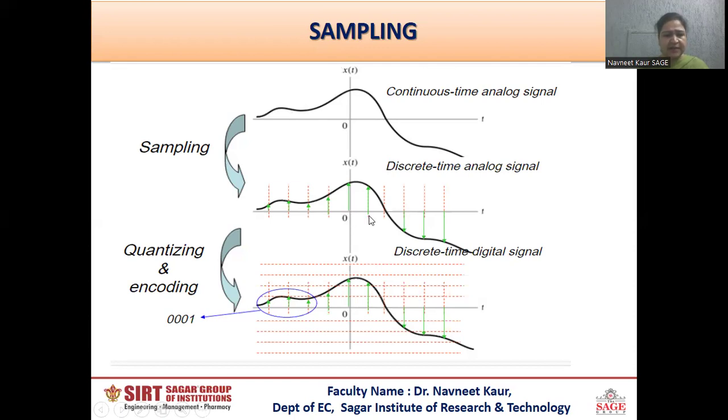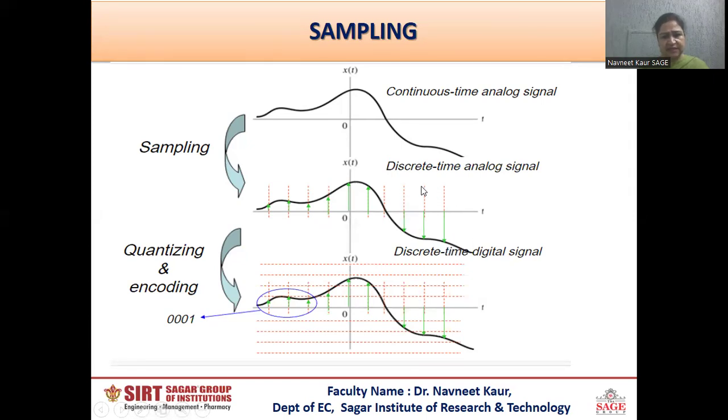Say the next sample will be taken at t equal to capital T. Then the next sample at t equal to 2T, then t equal to 3T. Similarly, on the negative side, the samples will be taken at t equal to minus T, minus 2T, minus 3T, and so on. So here now the signal will be a discrete time signal. That means the signal will be shown in the form of samples, and the interval between the samples is uniform throughout this time variation.